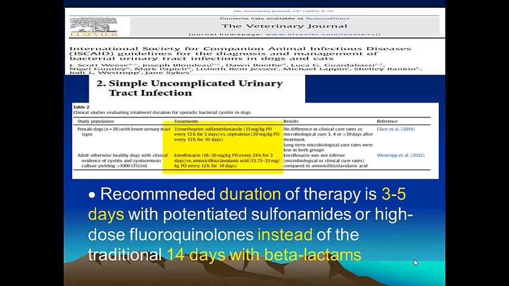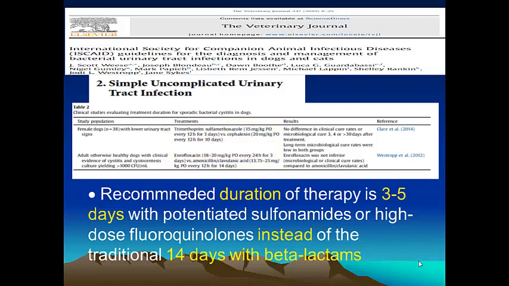And it was found that the shorter term is just as good as the long-term therapy, which, as I say, has been the traditional therapy. Ideally, the aim now is to decrease the bacterial load to a level that allows the clinical signs of the infection to be controlled, while at the same time the immune system is eradicating the remaining bacterial organisms from the tissues. Obviously, in this case, it is the bladder and the urethra.